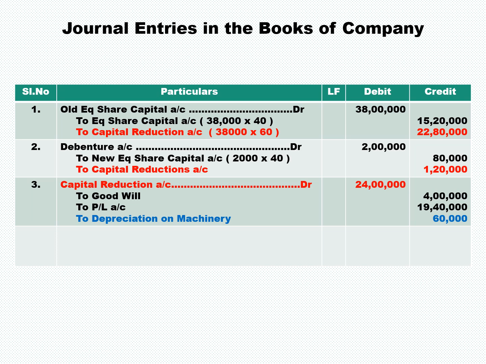Debenture account debit 2 lakh to new equity share capital 80,000, that's 2,000 into 40 rupees. So we are settling debenture with 80,000. Remaining is called as capital reduction account. Third, capital reduction account debit, you get 24 lakh to goodwill 4 lakh, to PL account 19 lakh 40,000, to depreciation on machinery. Balancing figure is 60,000.